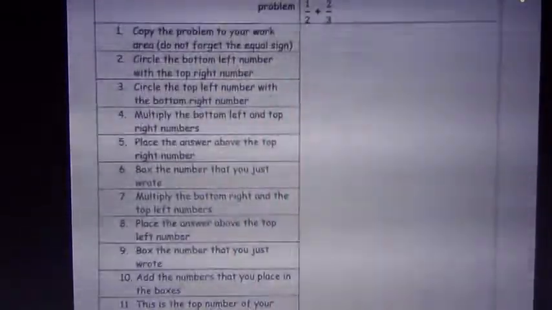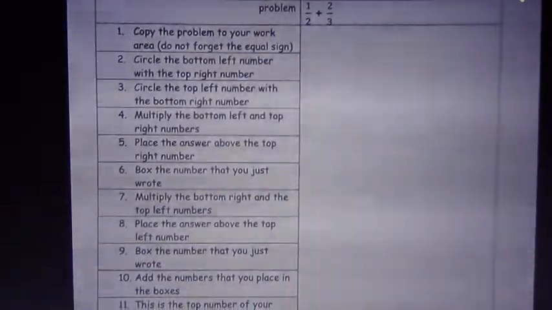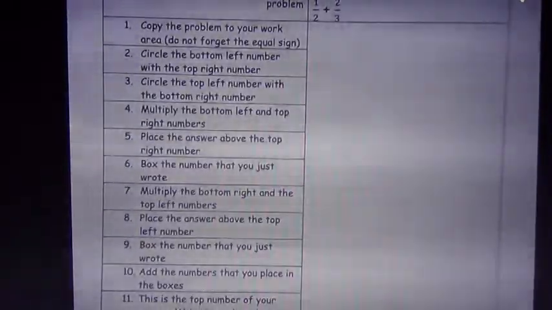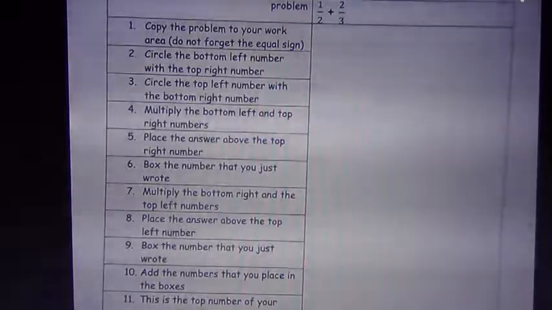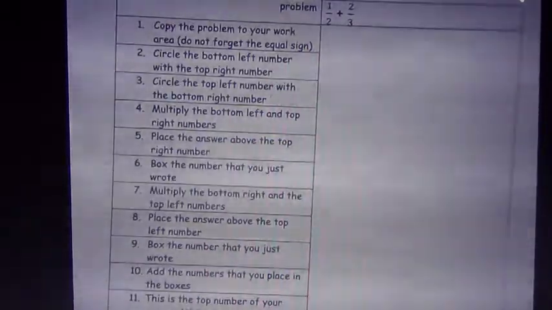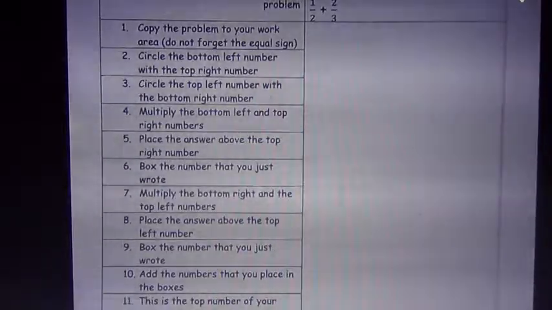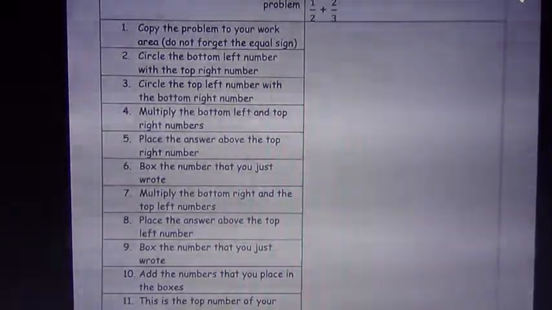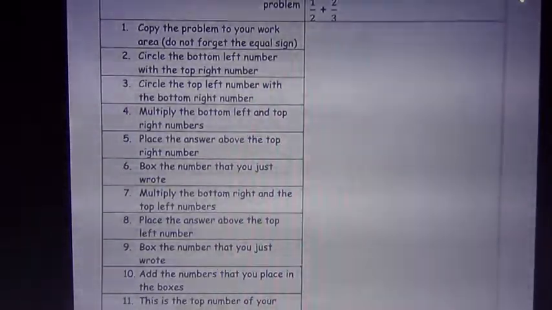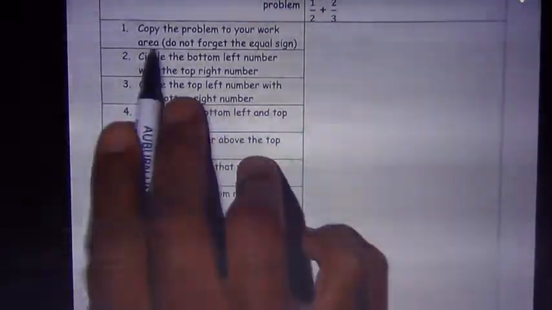So what we're going to do is work through the 16 steps that I came up with to help you solve addition of fractions with unlike denominators using the butterfly method. The first step says copy the problem.